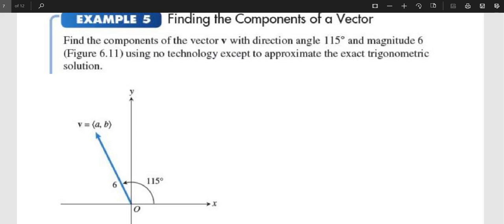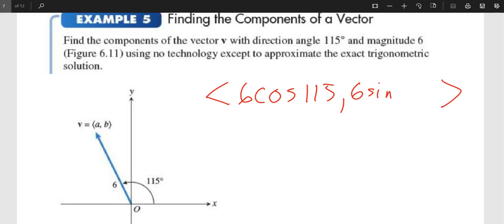So you know the magnitude of the vector. You can see it from the picture. What is it? 6. So we know the magnitude is 6. So we've got 6 cosine 115. And what do we have for the y? 6 sine 115. This is if I don't have technology.